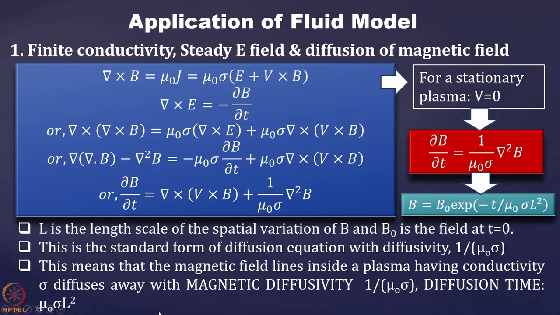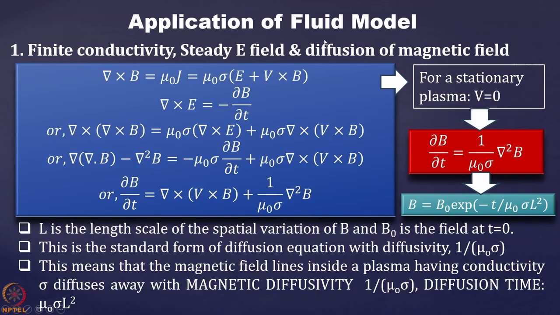So what we see is that if the conductivity is finite, the magnetic field diffuses away with a diffusivity of 1 by mu 0 sigma, and diffusion time of mu 0 sigma into L square.